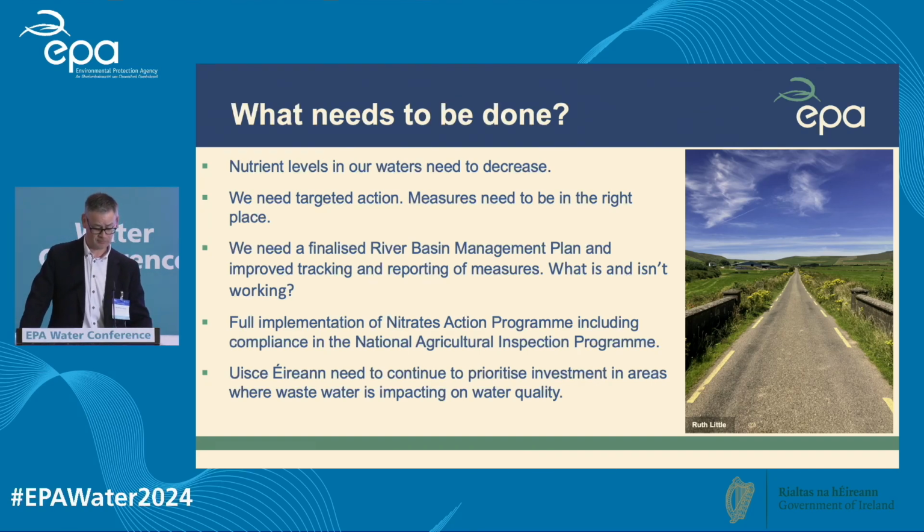We need a finalised river basin management plan, and Fintan alluded to this as well, but we need to improve the tracking and reporting of measures. We need to learn about what is and isn't working, and whatever is working, we need to implement that at scale. And I was heartened to hear that the Water Action Plan, as it's been called, is due in the next few weeks, so that's great to hear.